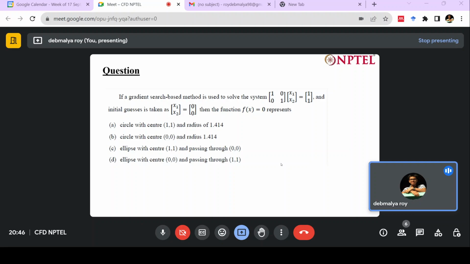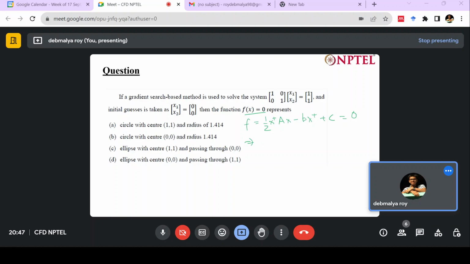So this is a much more straightforward question. This is like f(x) is equal to 0. We have to find out what it represents. So f(x) we already know: the expression is half x transpose A x minus b x transpose plus c, and this we have to put equal to 0.